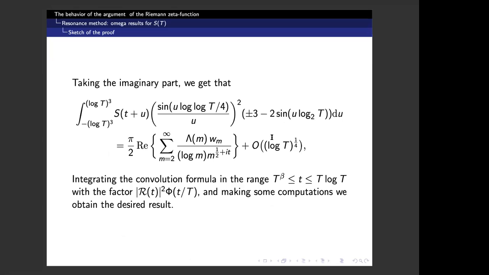This sine to the power 2 is a positive function. So this part of the integral is smaller than the max. So you don't lose the sign of S(t).